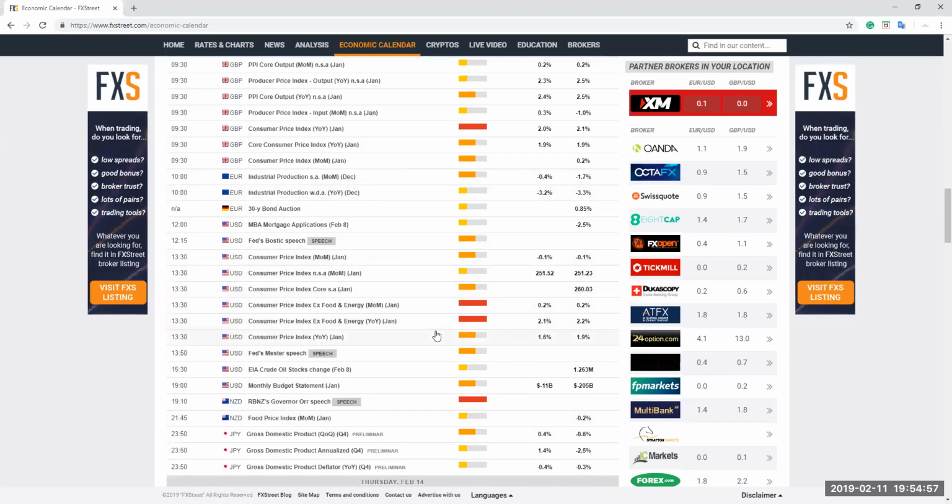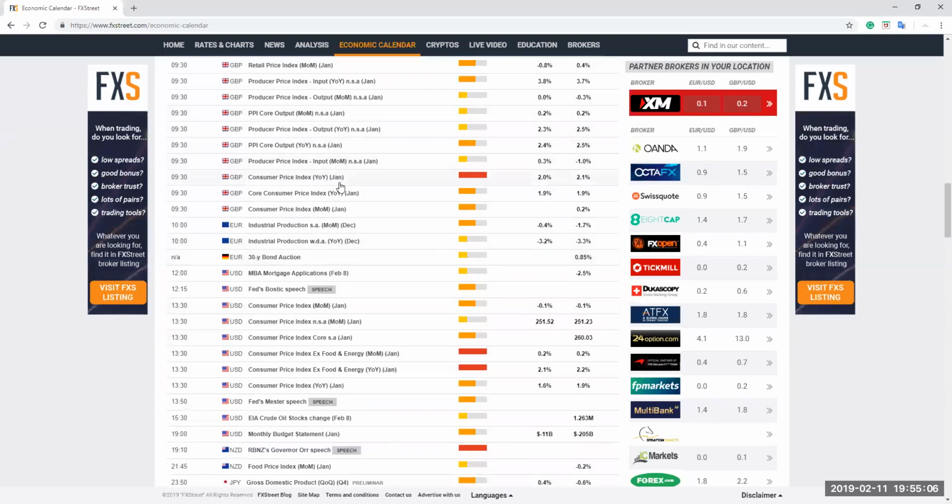So be careful when there's a lot of data being released at once. You see it as maybe volatile, but it's there to play around with you. Just the CPI for the pound, that won't move the market too much. I don't know why it's red. That won't move the market.